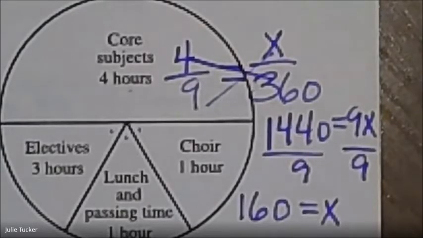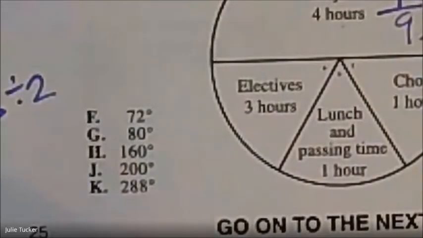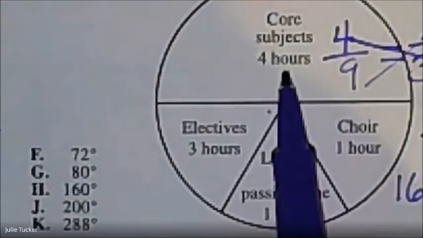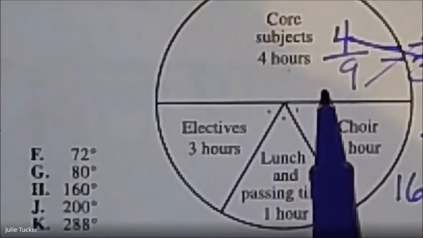Now, I want you to understand how you could have estimated this, okay? Look at the choices. Isn't 160 the only answer they have there that makes any sense at all? Because it's not exactly half of 9, but 4 is close to half of 9, right?